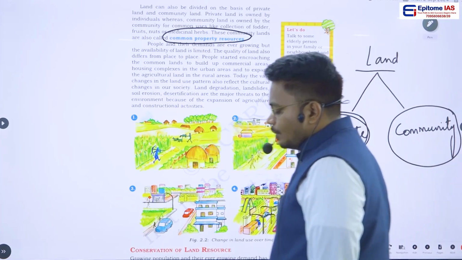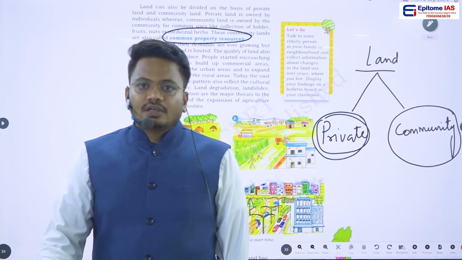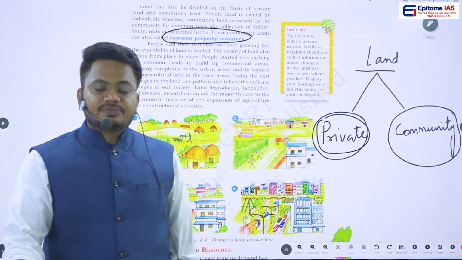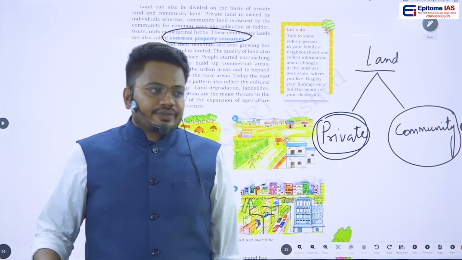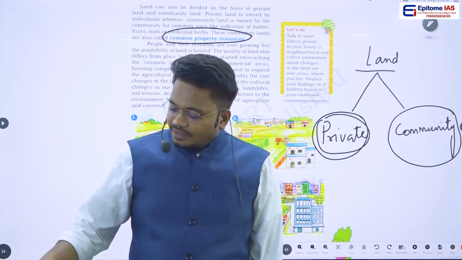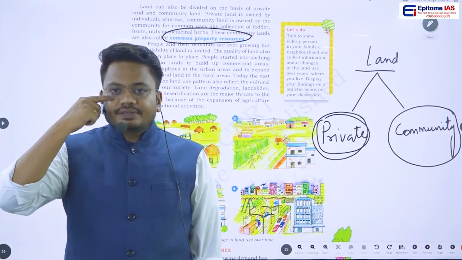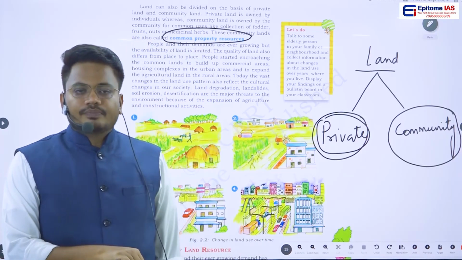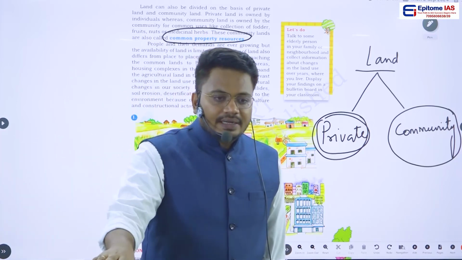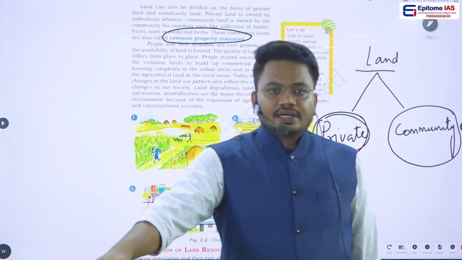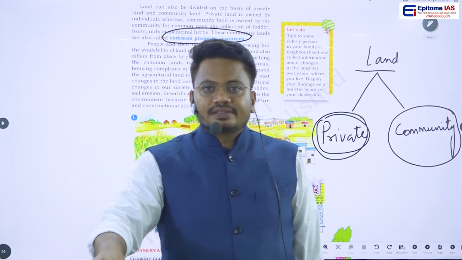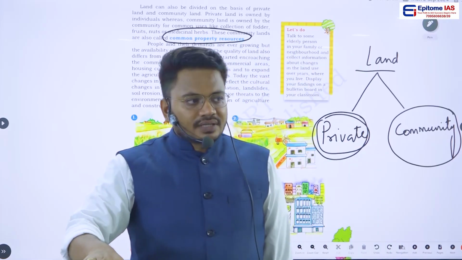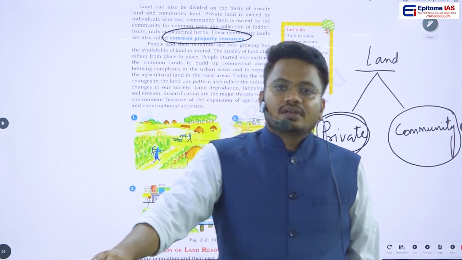So once human beings started encroachments and this private land was created, if that private land is taken by someone else and they do activities on that land which are sustainable, then it won't be that much of a problem. In that private land one can do agriculture, like subsistence agriculture, or construct their own houses, or construct industries and schools.